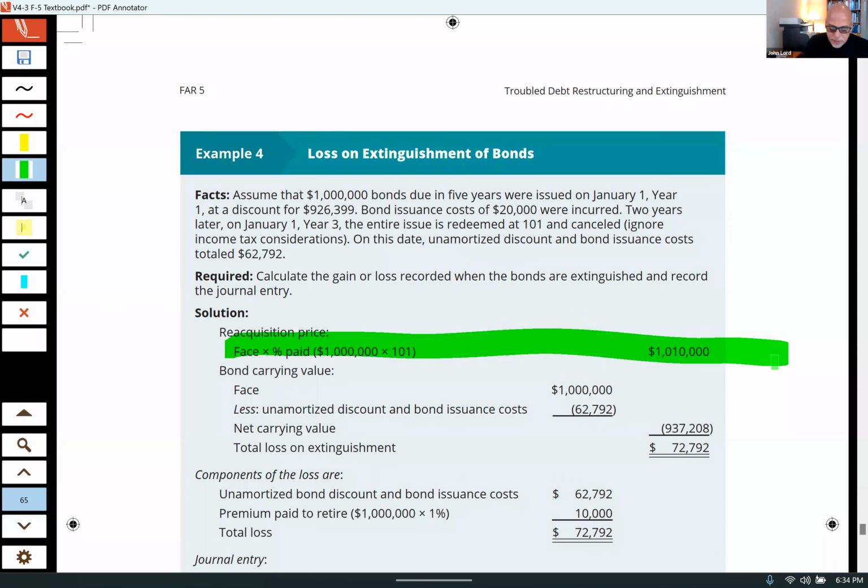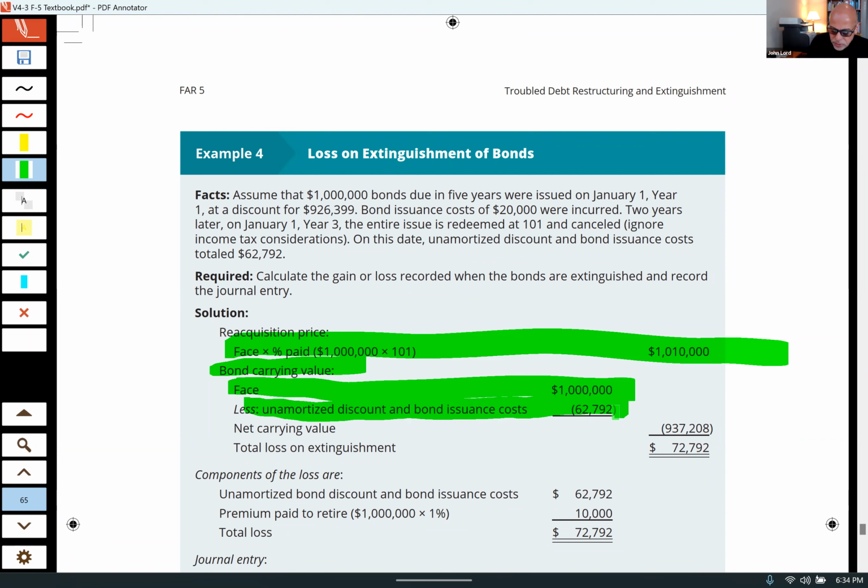The carrying value of the bond, in this case a discount bond, is face less the unamortized discount and bond issue costs, which means the bond has a carrying value of $937,208. That's what I owe the bondholders. And to cash them out, I'm going to have to pay $1,010,000.